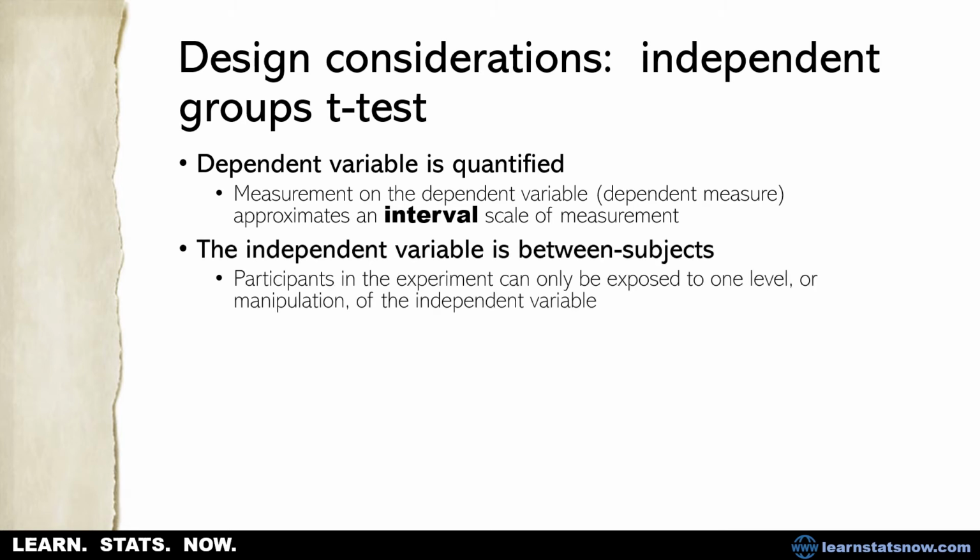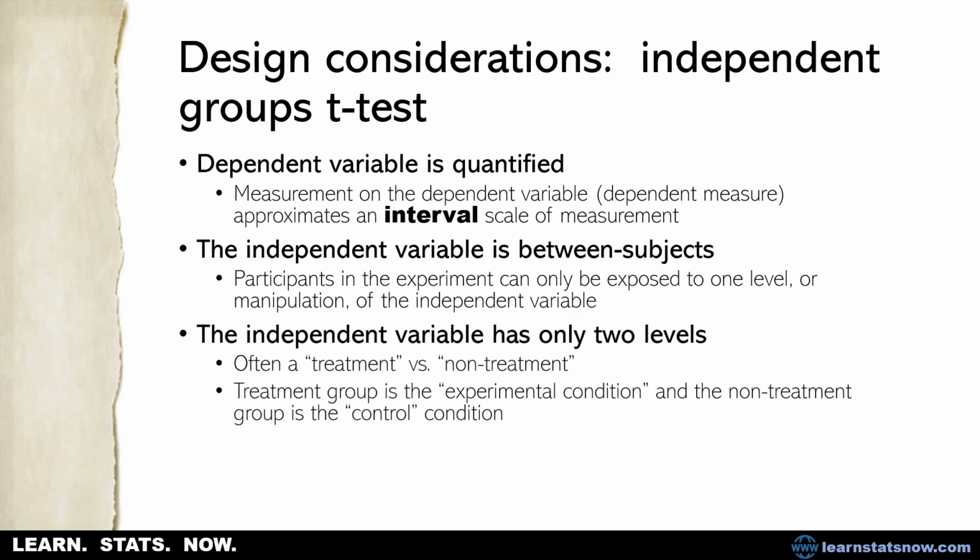The independent variable is between subjects, and what that means is that participants in the experiment can only be exposed to one level or manipulation of the independent variable. They can't be exposed to both. And the independent variable has only two levels. In other words, there's really a manipulation of the independent variable versus maybe having nothing occur for the individual.